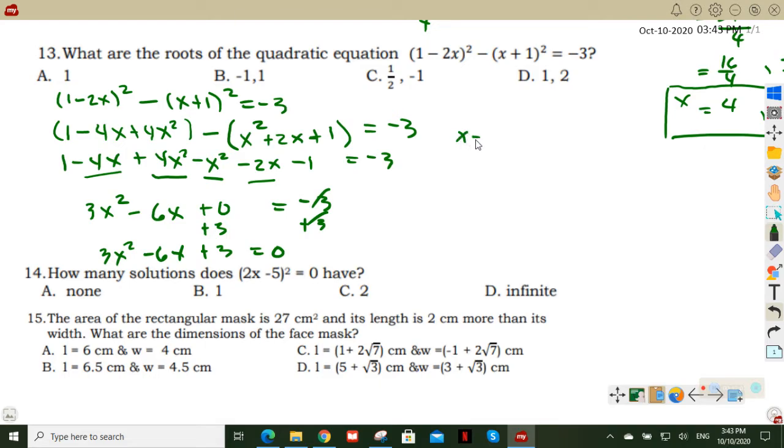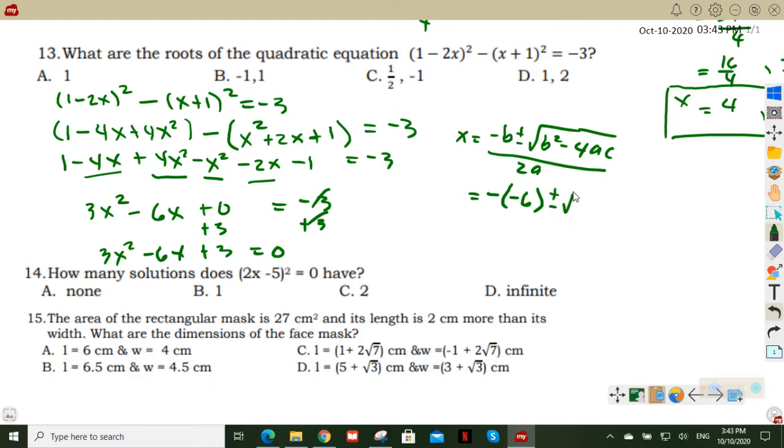So x is equal to negative b plus minus square root of b squared minus 4ac, all over 2a. I know my b is negative 6, so I have negative again. I'll carry negative 6. This negative is in the original equation.